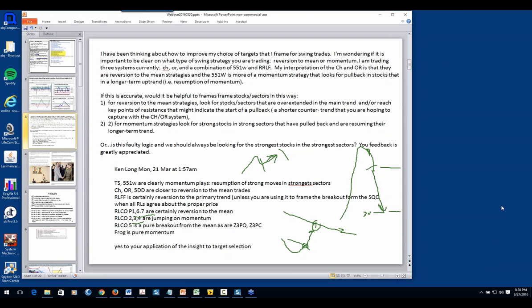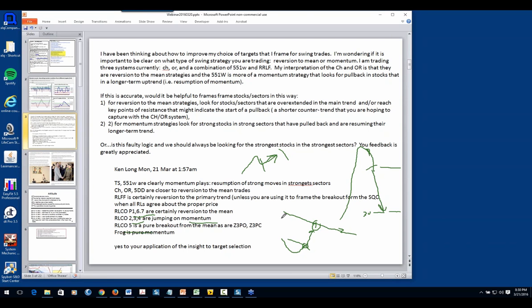So on pattern 2, it's vicinity, the Bollinger Band mean. Pattern 3, price got out of the river altogether and then came back and found support either at the river's edge or the dragon or the Bollinger Band mean. So 1, 6, and 7 are certainly reversion to the mean. And 2, 3, and 4 then are jumping on that resumption of momentum.